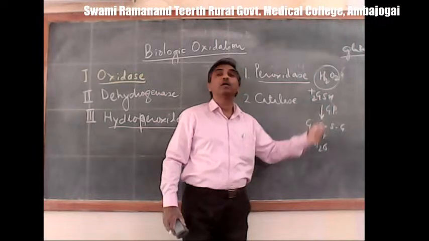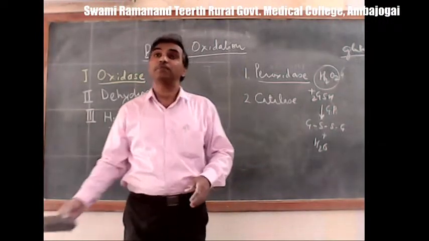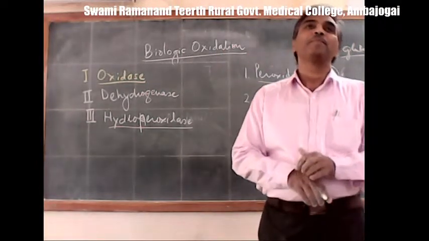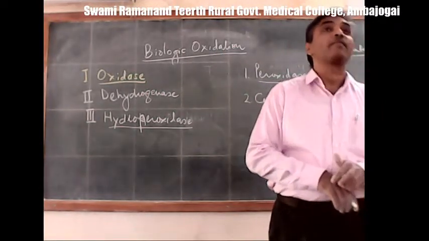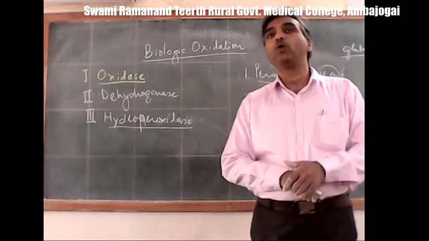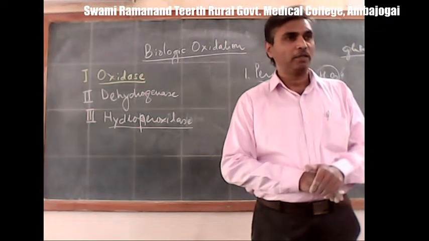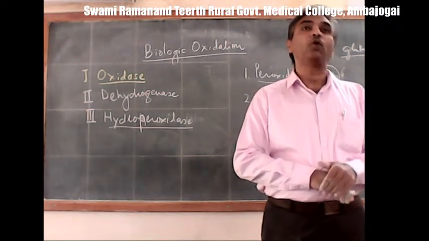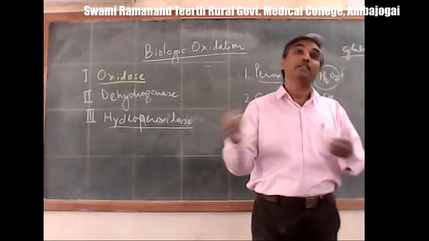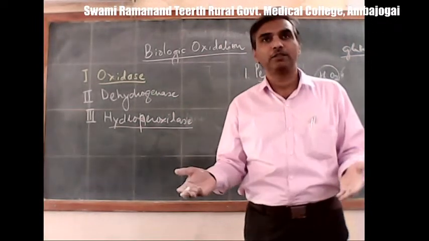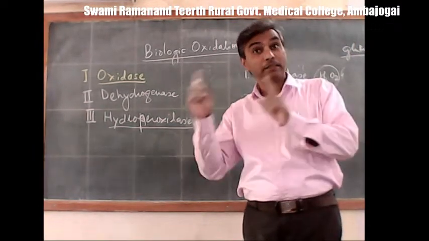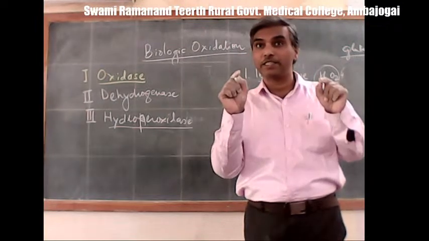And we also use horseradish peroxidase. Where do we use horseradish peroxidase? We use it for the estimation of glucose. Remember, glucose oxidase peroxidase. The source of this peroxidase enzyme is horseradish. So glucose is oxidized. Remember the name, oxidase.